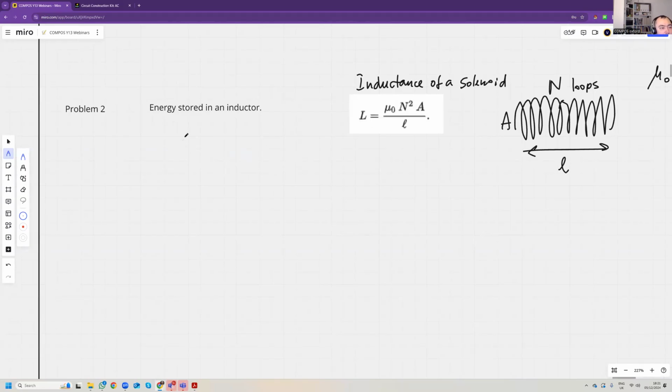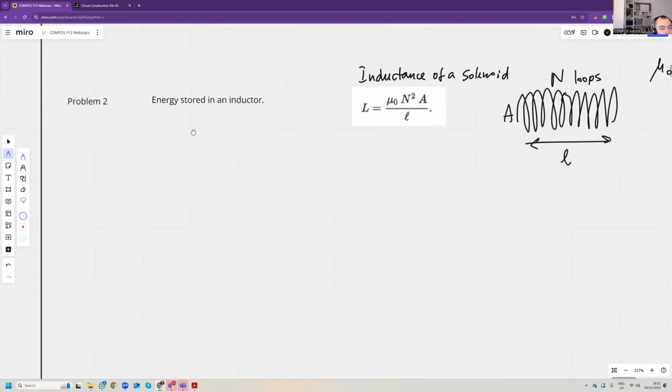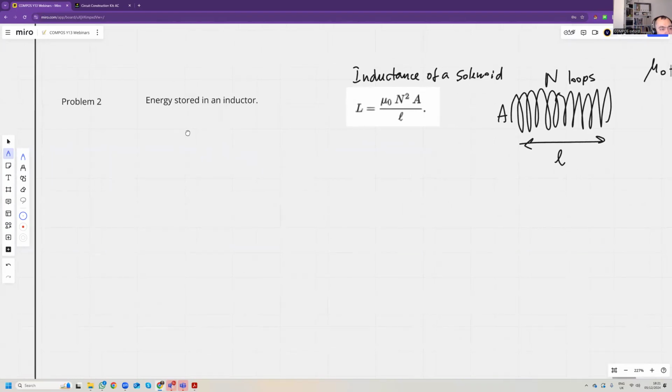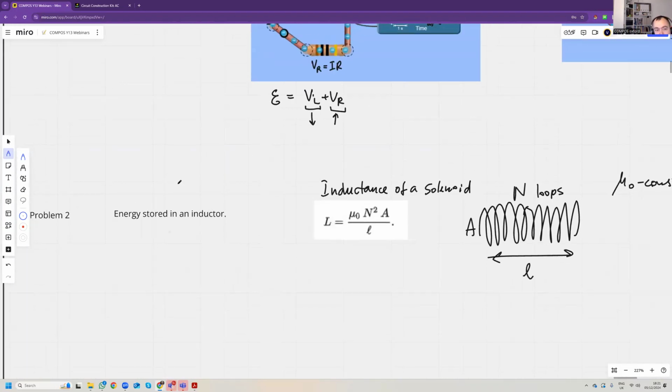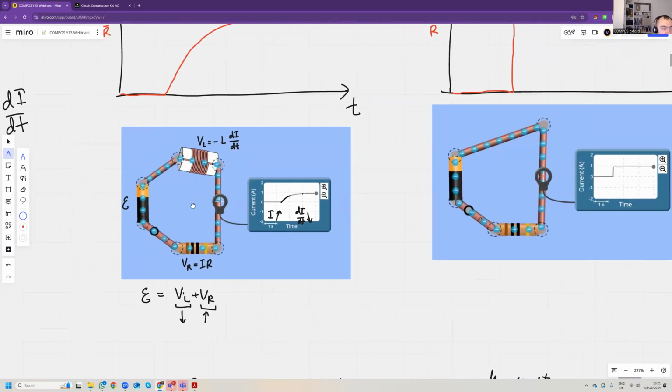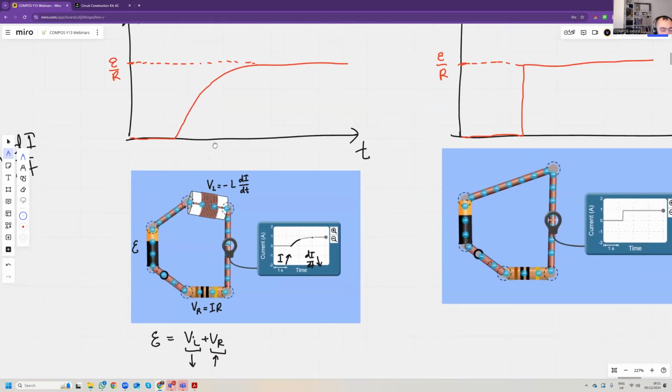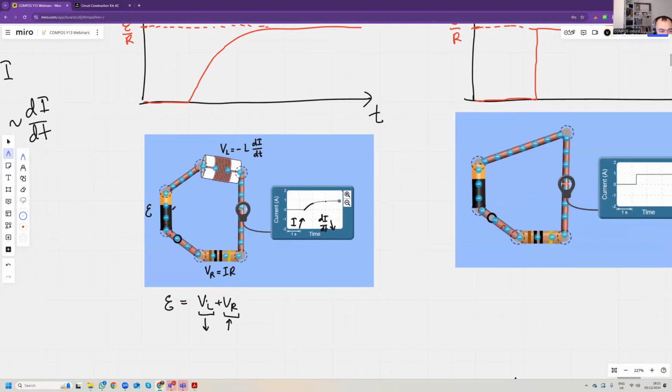Now, energy stored in an inductor. If you think of it from the point of view of energy, the battery is supplying power. It's supplying energy. The current is increasing.